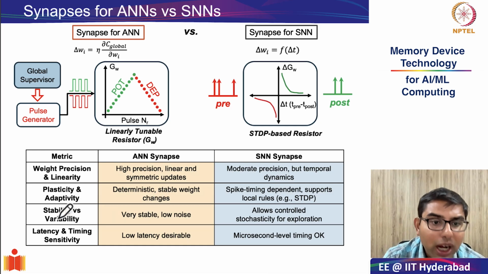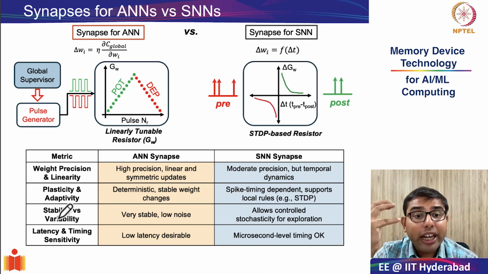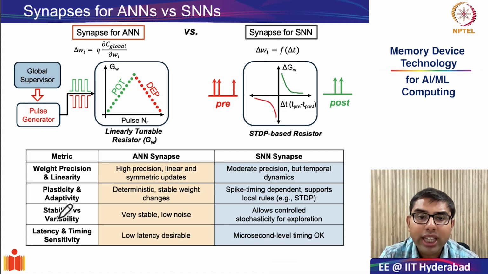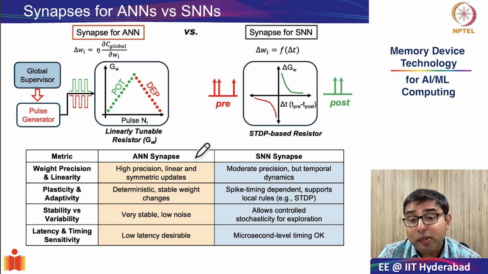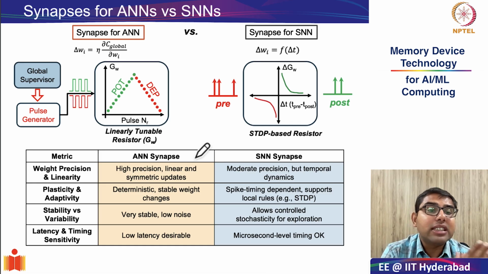If we look at stability versus variability, we see that although ANN synapses need to be very, very stable with low noise, for reasons that we have just discussed, SNN synapses, as we will see at the end of our lecture today, sometimes even benefit from a little bit of stochasticity in the weights. And this helps the system not get into local minima and allows for the complete exploration of the parameter space. Finally, we will discuss latency and timing sensitivity.